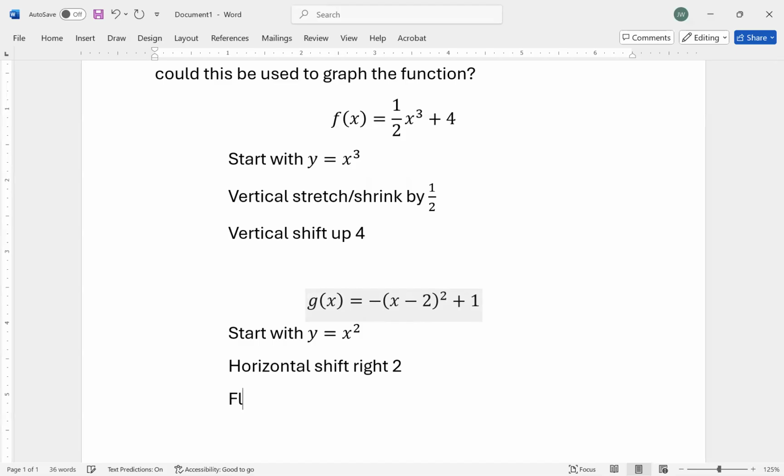Flip or reflect across the x-axis. And then lastly, order of operations would tell me to add 1. And so therefore, lastly, I do a vertical shift up 1.